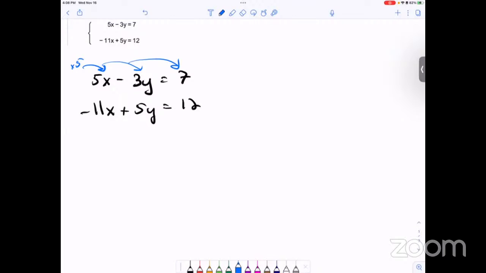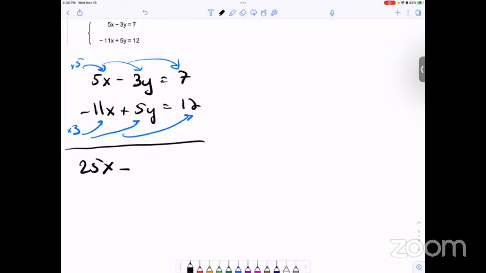Okay. So then when we do this, equation 1 becomes 25x minus 15y equals 35, and equation 2 becomes -33x plus 15y equals 36.